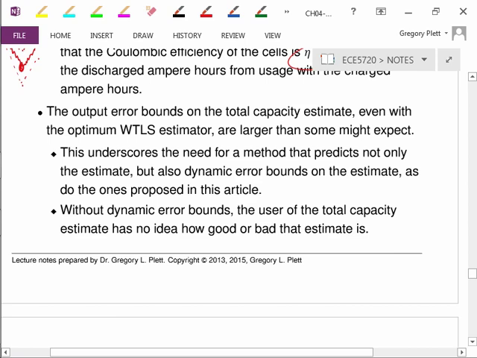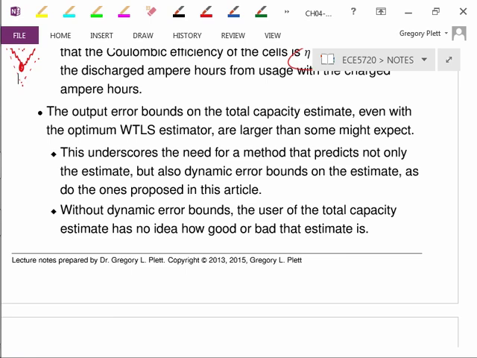Because these error bounds, I mean, they're not exaggerated. They're based on all of the math that we've developed here. And it says that even the best methods, while they give you an estimate, there's some uncertainty about how good that estimate is. If we don't take that into account, the user has no idea of how good or bad the estimate happens to be.